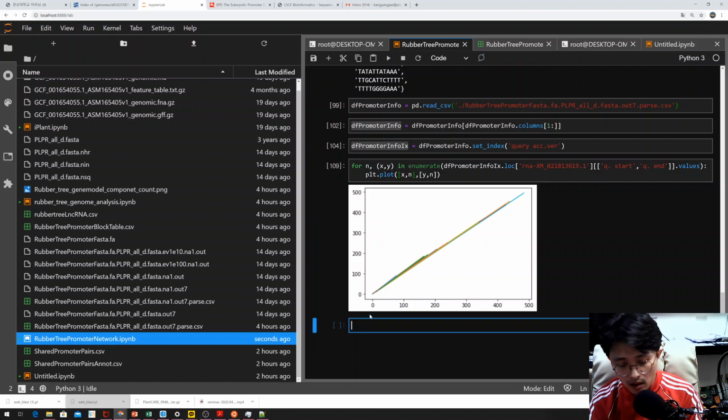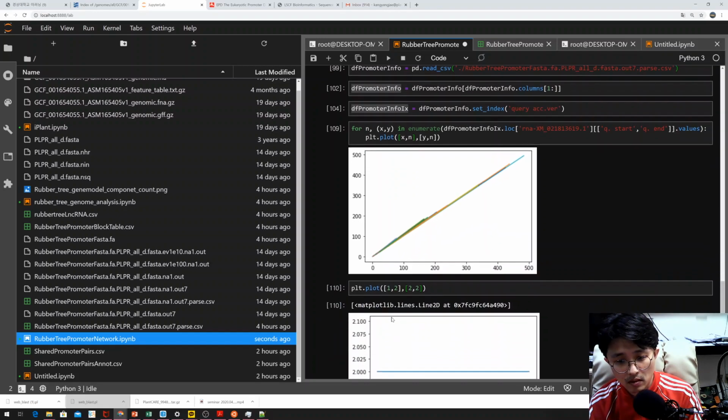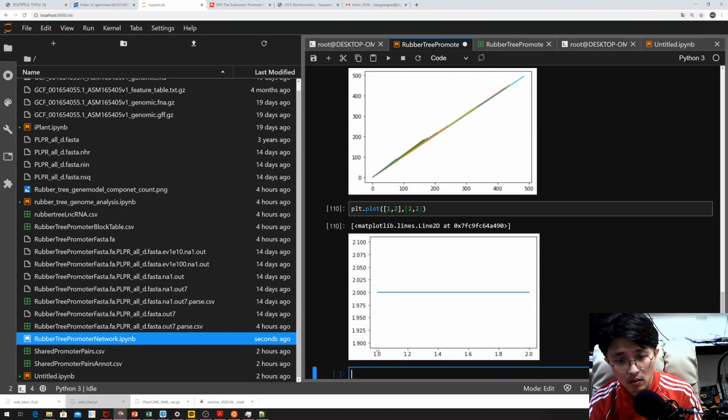In this case, I need to check whether I know this grammar in the right way. Okay, 1, 2, 2, 2.